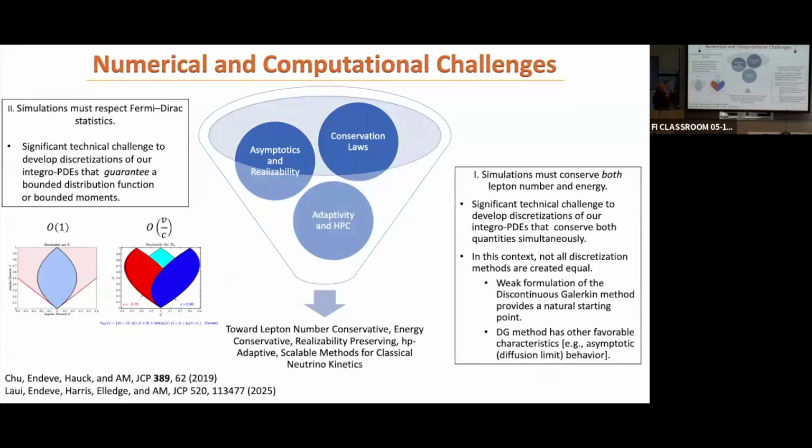So this is a very, very difficult challenge, and we have moved away from finite difference and finite volume methods to finite element methods, DG methods.